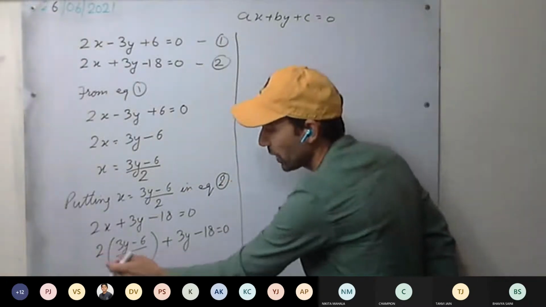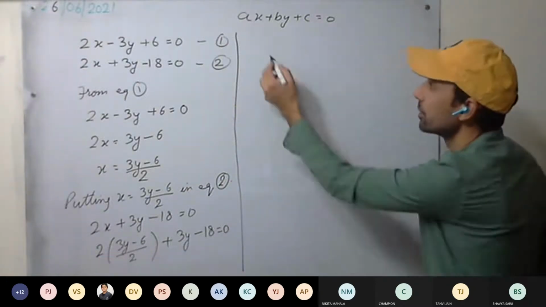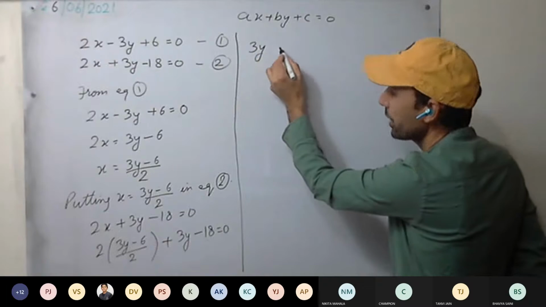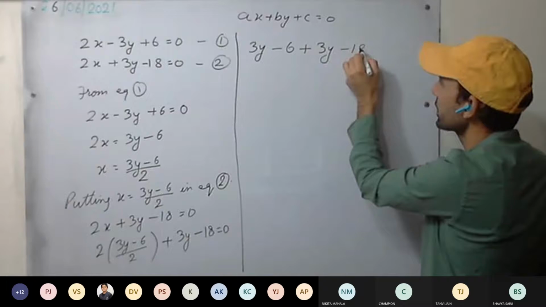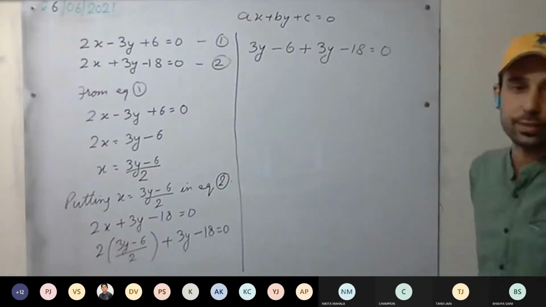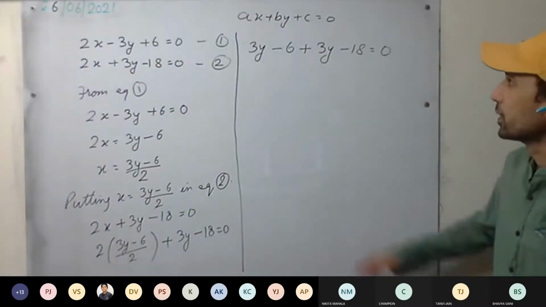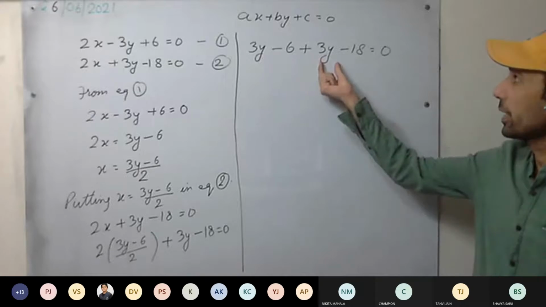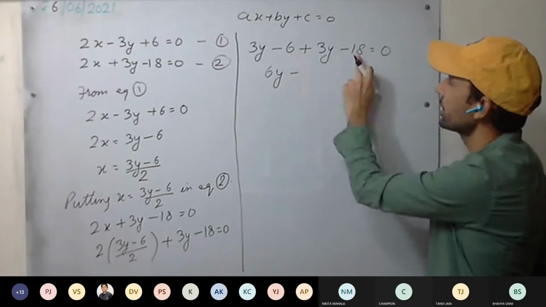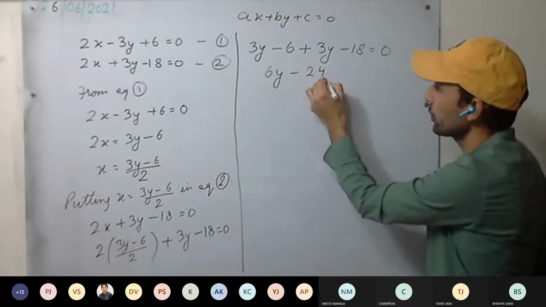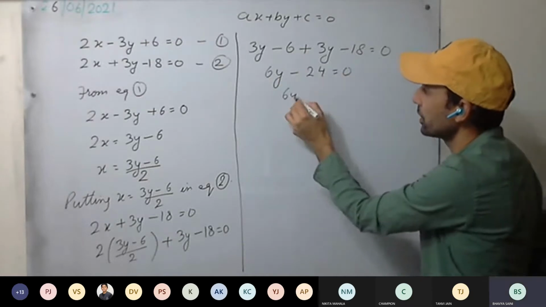So 2 and 2 will get cancelled. 3y minus 6 plus 3y minus 18 equal to 0. So 3y plus 3y is 6y, minus 6 and 18, 24, equal to 0.